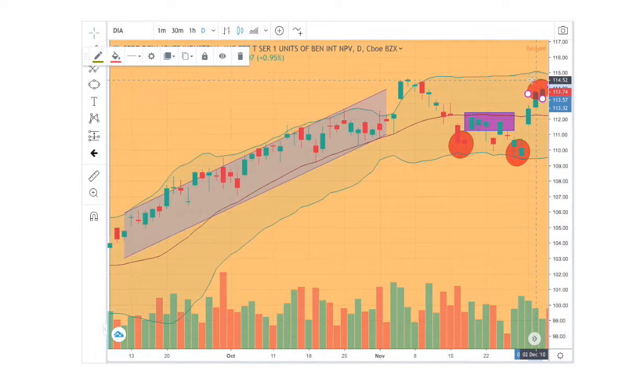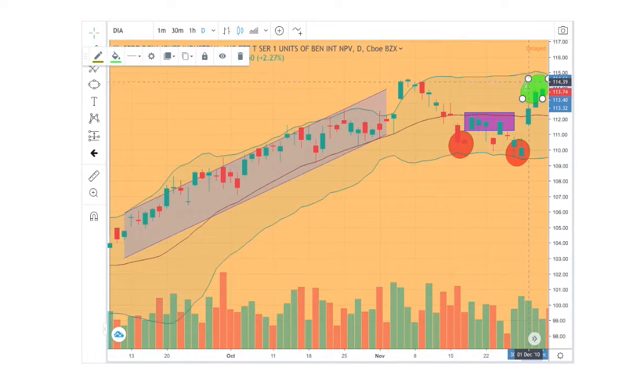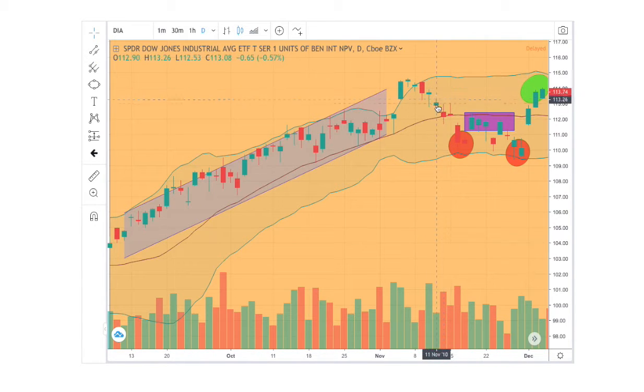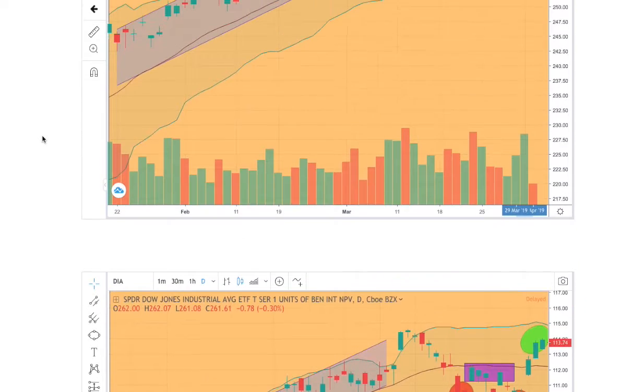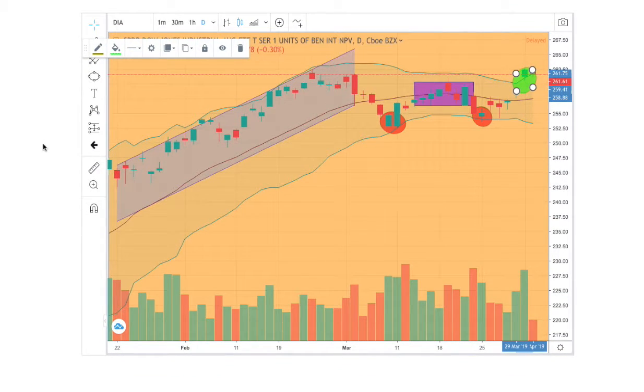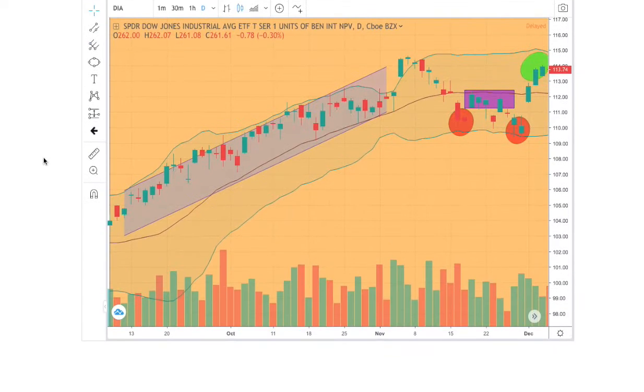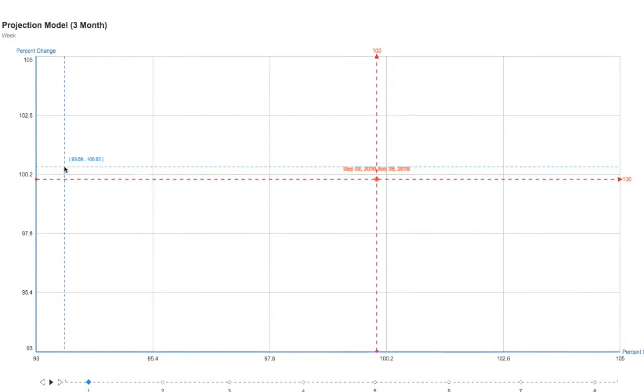But we may take a guess that it may happen in this part of the trend. So since these two trends are identical, they may possibly have the same outcome. So let's check the projection model.